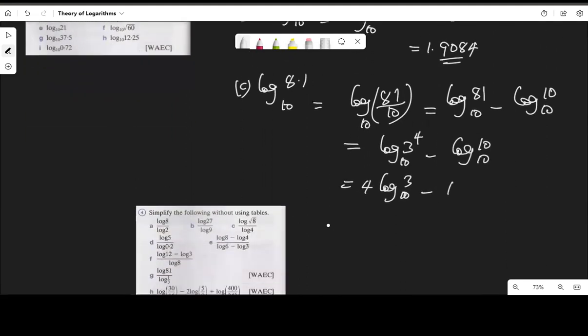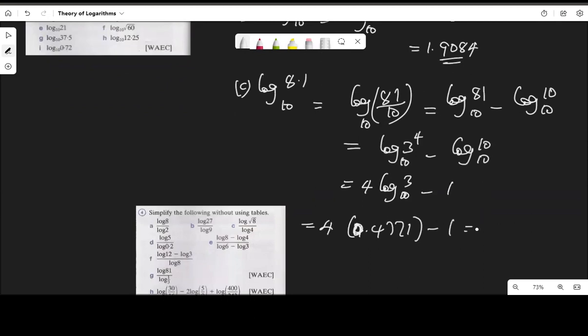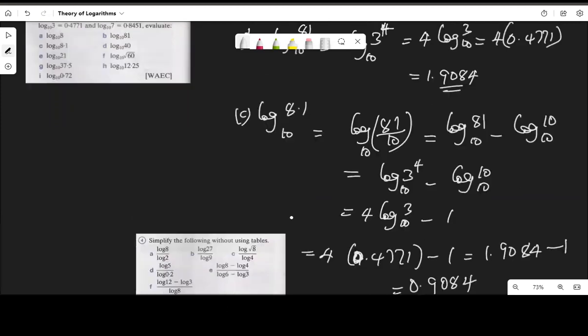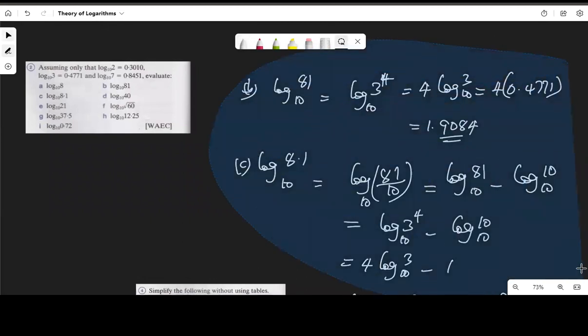That is 4 times 0.4771, which is 1.9084, then minus 1. That will be 0.9084. That is question C.